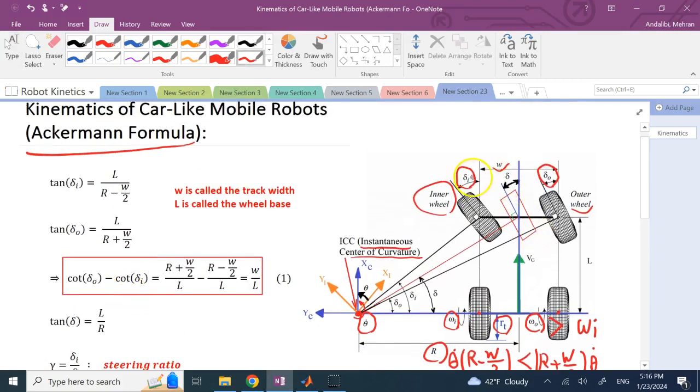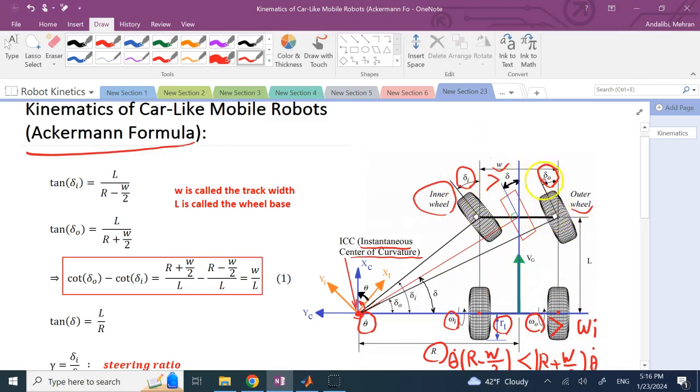On the other hand, delta I, the steering for the inner tire, should be bigger than the steering for the outer tire. Again, the reason is the outer one has a bigger radius, so it has a smaller curvature, and to compensate for that, you have to steer less.